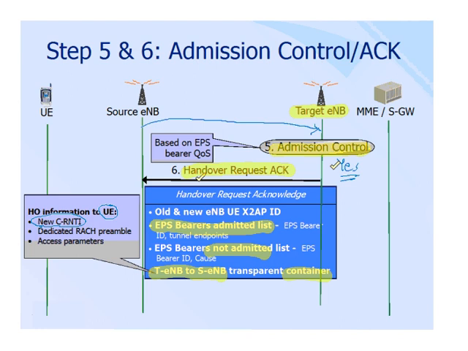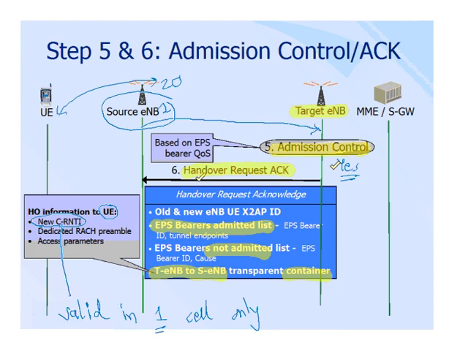So if you recall, the cell radio network temporary ID, that is valid only in one cell. So far we have been talking to, let's say, source eNodeB1 and maybe within cell 20. So we were communicating with source eNodeB1 inside cell number 20.